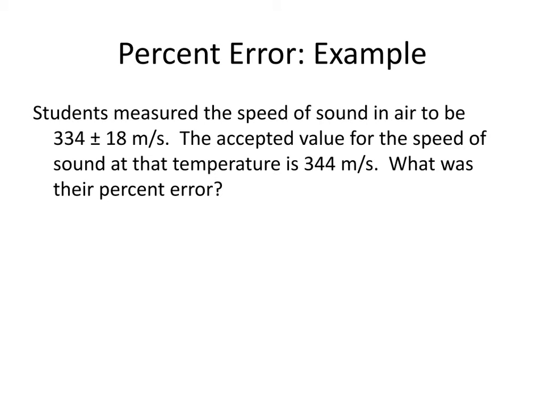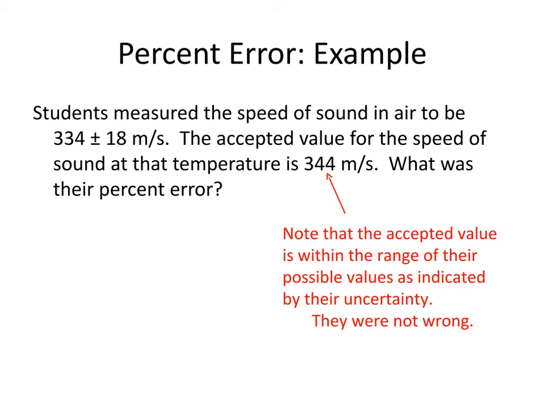So let's look at an example with percent error. Students measured the speed of sound in air to be 334 plus or minus 18 meters per second. The accepted value for the speed of sound at that temperature is 344 meters per second. What was their percent error?